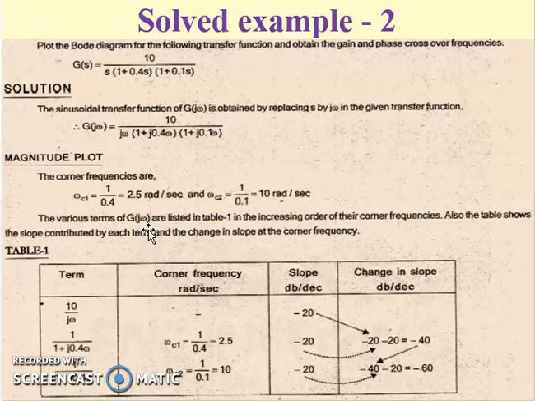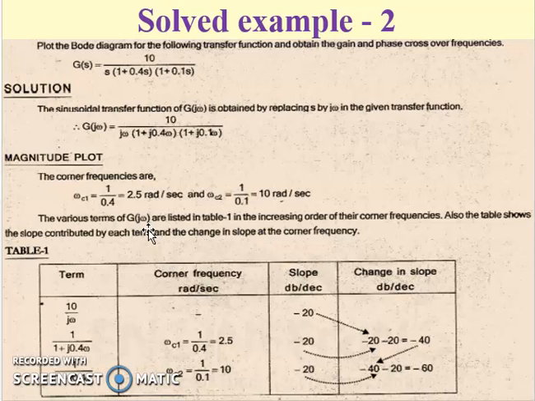Here an open loop gain of 10 is given and we have an integral term. So the first term that we will take combined will be 10 by j omega, followed by the first order factors in the denominator. Once we calculate the corner frequencies, we get 1 by 0.4, which is 2.5 radians per second, and 1 by 0.1, which is 10 radians per second.